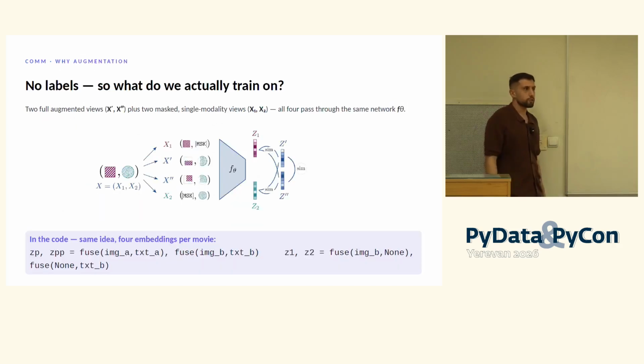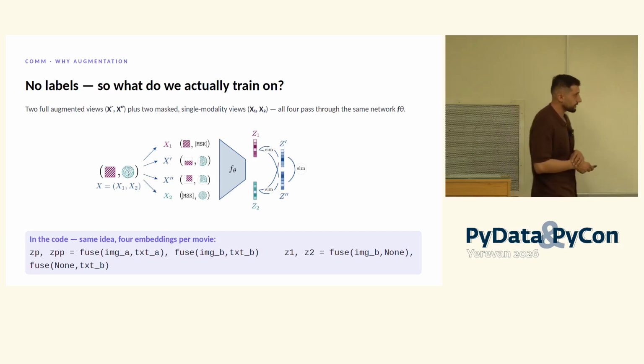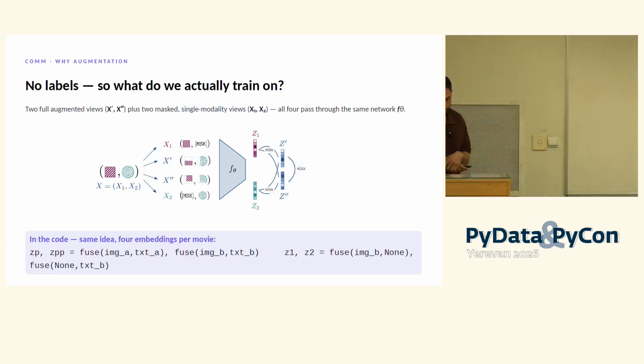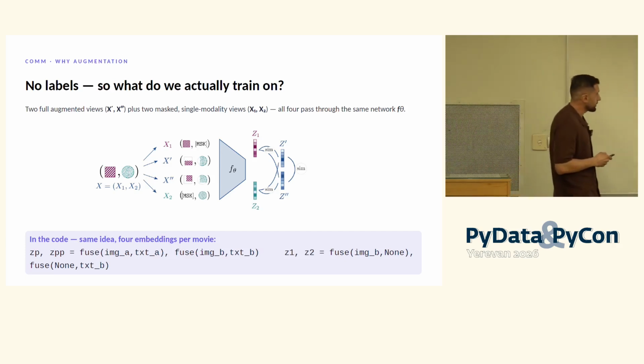How do we train such models where we are talking about unlabeled data? We still don't have the labels. And it turns out that when you apply some augmentations, you can capture this information. Please treat X1 here as a representation where text is there, but you mask the image. The same for X2, but the opposite: the image is there and you mask the text.